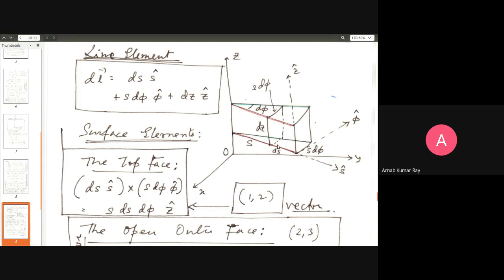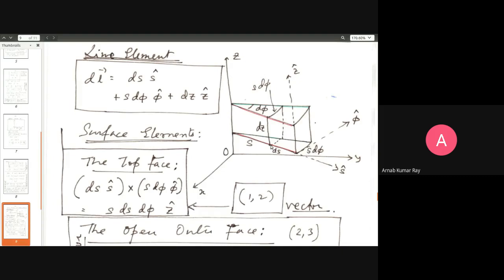But when this distance ds goes to 0, if it is an infinitesimally small displacement ds along the s direction, then this arc length will be nearly equal to this arc length with an infinitesimally small difference. Therefore, you can write S d phi here. You can also write S d phi here.